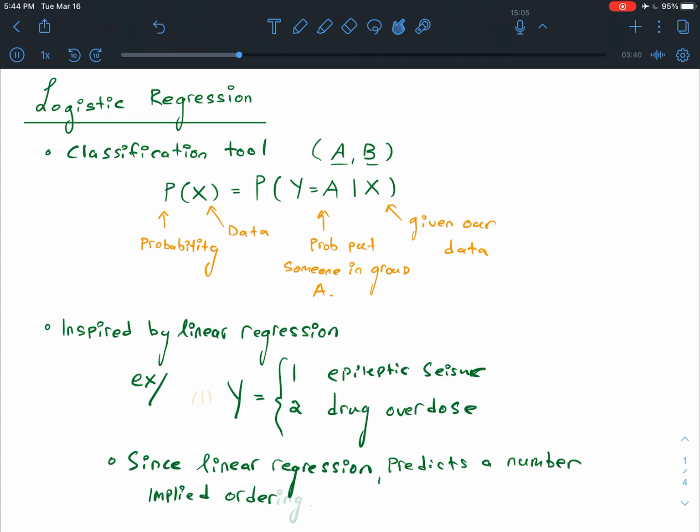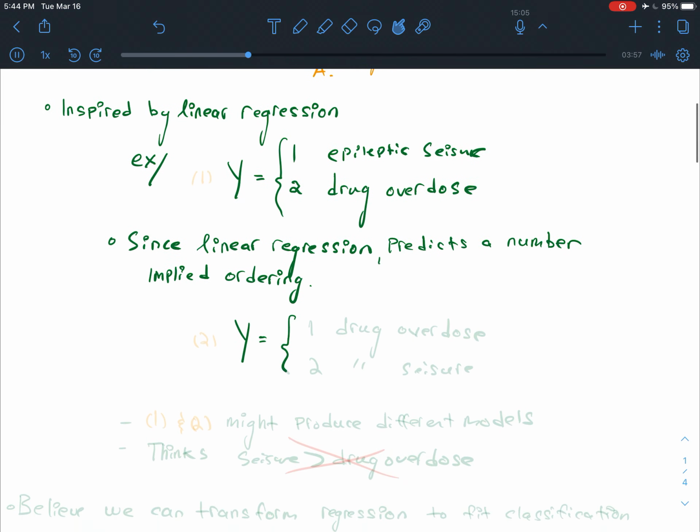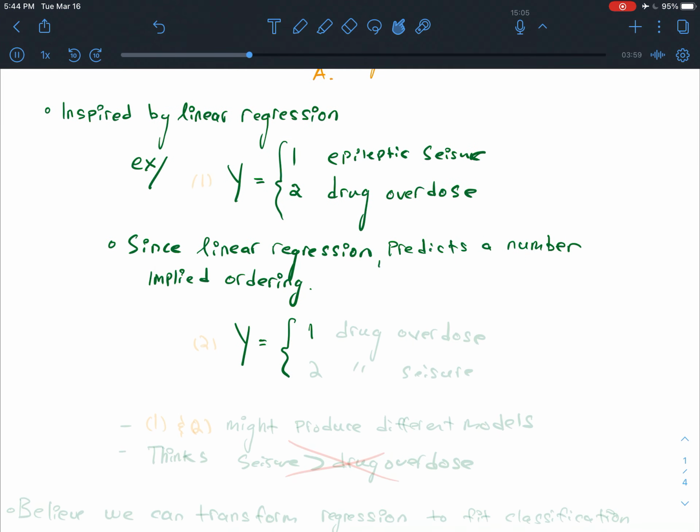And this really doesn't exist. There's no reason for me to believe that drug overdose is worse than an epileptic seizure. We really don't care, because I could have equally done the following construction. Instead of writing 1 as epileptic seizure, I could have written 1 as drug overdose, and then 2 as a seizure.